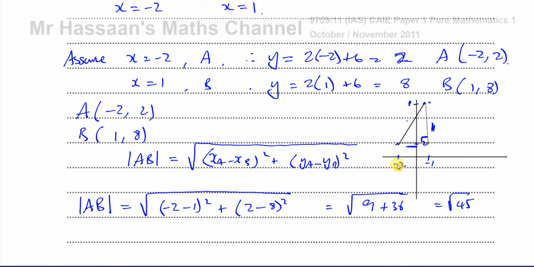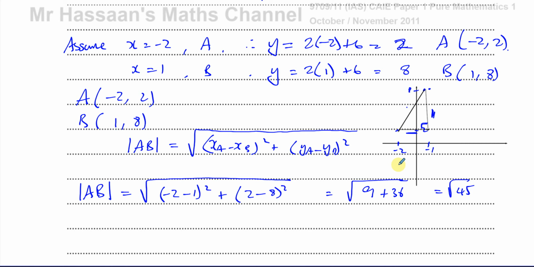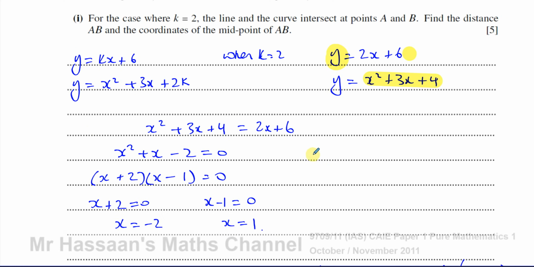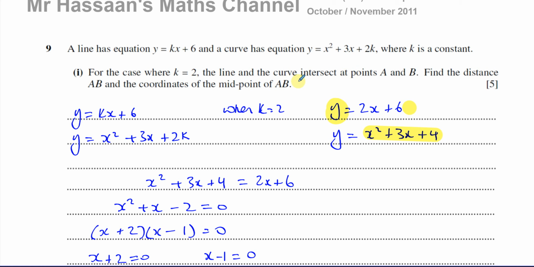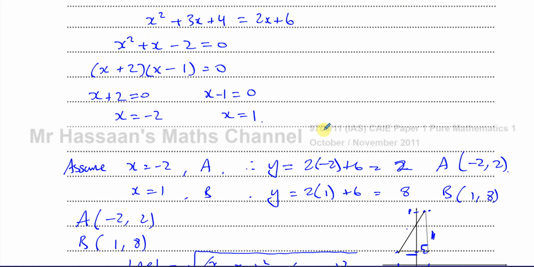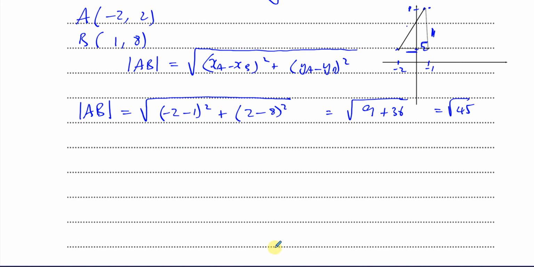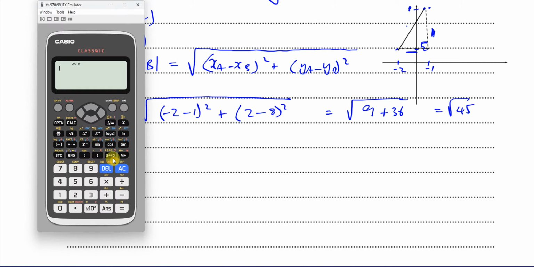All right, now the question did not state find the exact distance. Okay, it does not state that in the question. So as the question did not state to give the answer in exact form, then you could write your answer in decimal form, rounded to three significant figures. So you could say the square root of 45 is equal to 6.708.